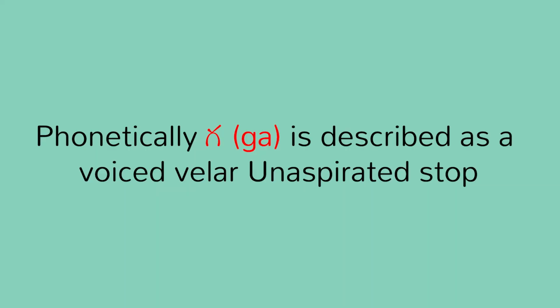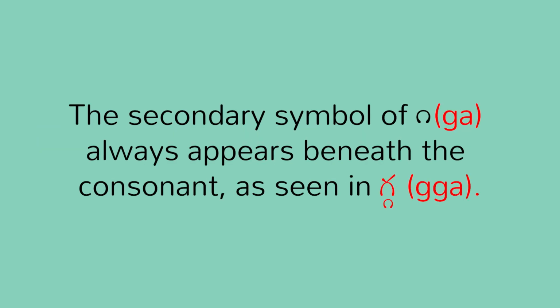A helpful tip is to observe how Ga is formed and focus on the smooth, fluid motion of your hand as you move from one stroke to the next. Phonetically, Ga is described as a voiced unaspirated stop. The secondary symbol of Ga always appears beneath the consonant as seen in Gha.